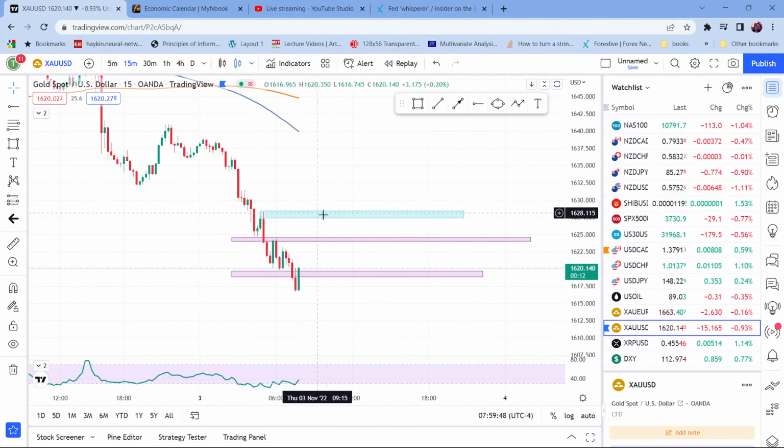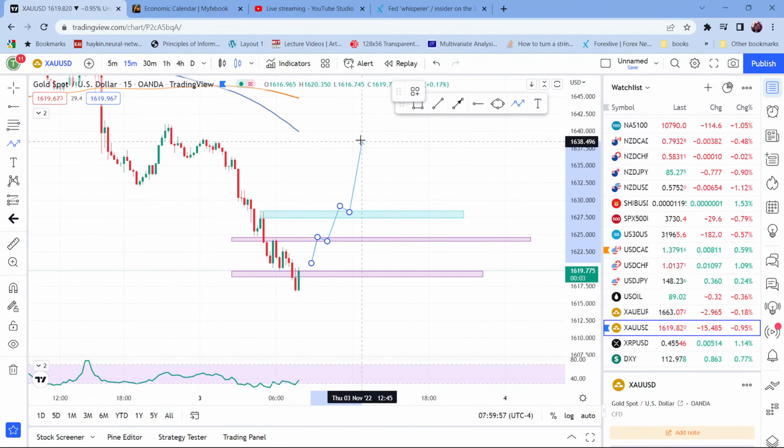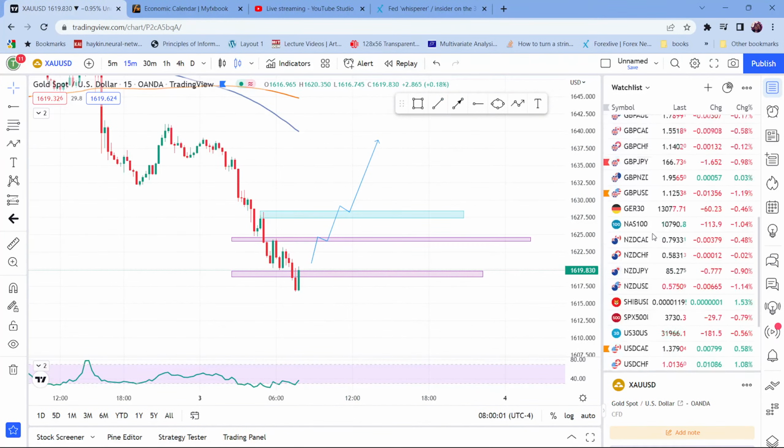It seems plausible to see a continuation higher. If price comes out of this zone and we get a close above here, then I think we could continue moving higher. I think that's something that could happen.